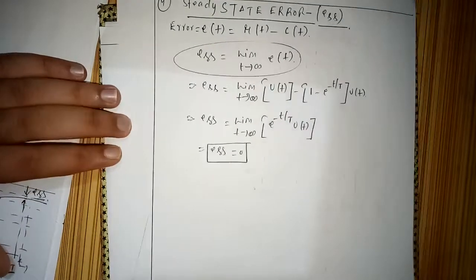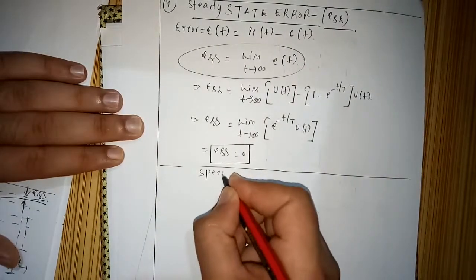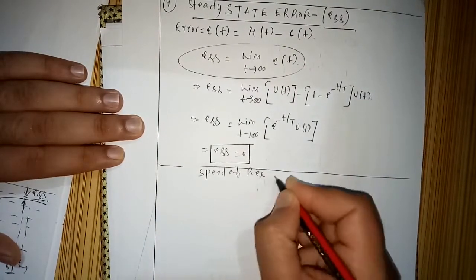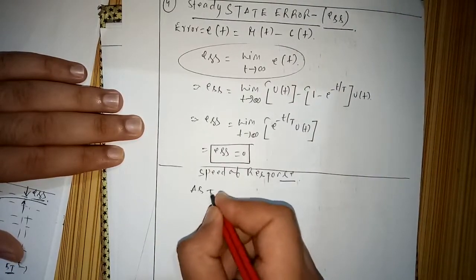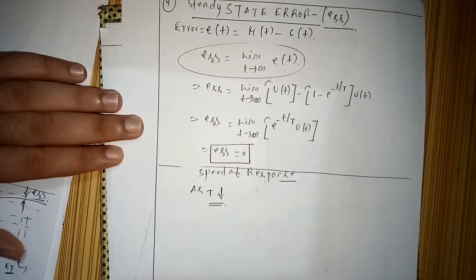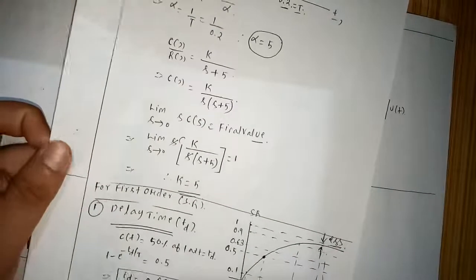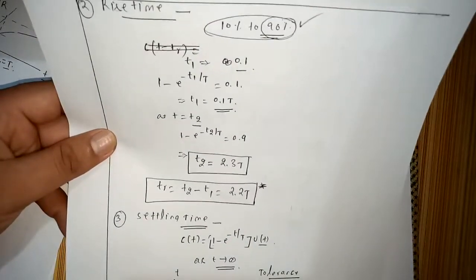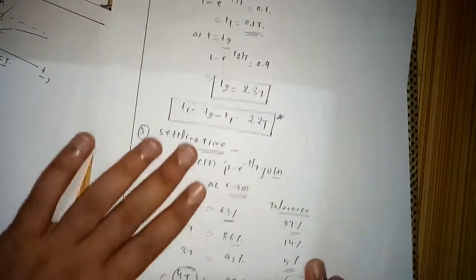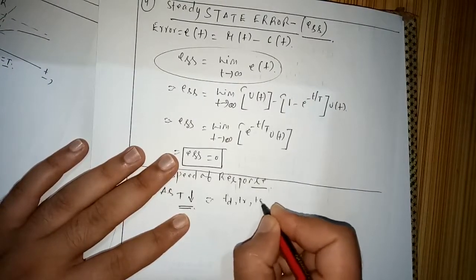And now let's talk about speed of response in terms of its time constant. As the time constant T decreases, we have seen that delay time is directly proportional to T, rise time is directly proportional to T, and settling time is also directly proportional to T. So as T decreases, Td, Tr and settling time decrease.